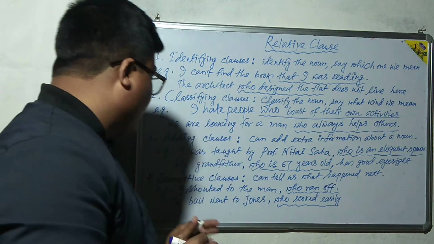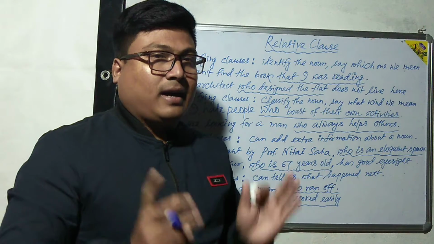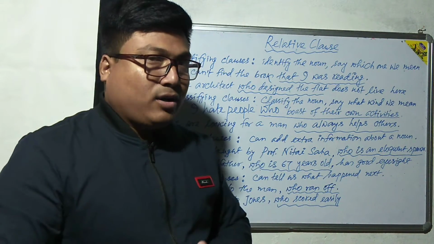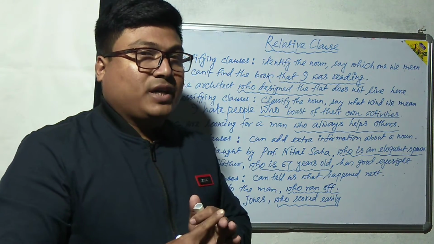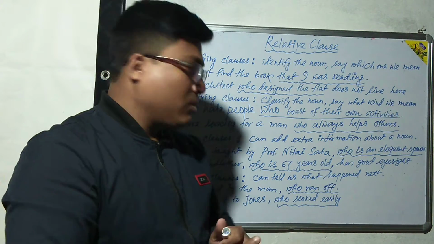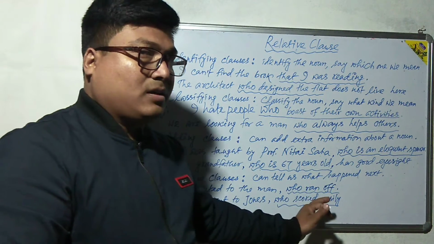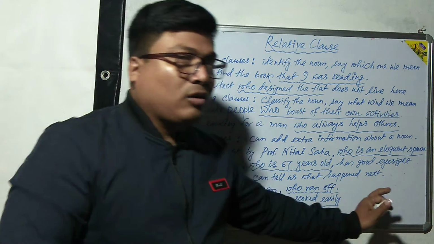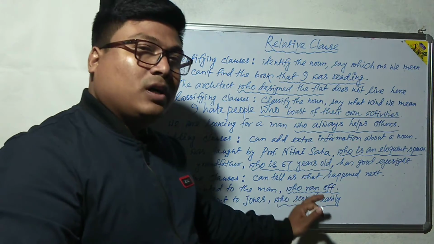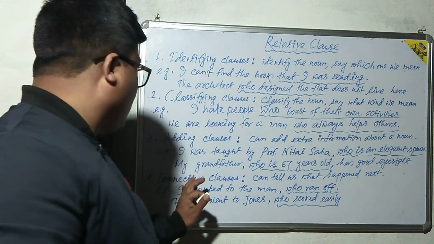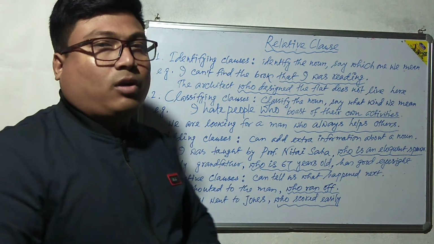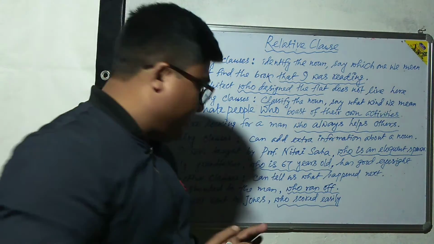I can say here, I shouted to the man and he ran off. So instead of using another main clause, I have used here a connecting clause, which is also a relative clause. That's why it is called a connective clause or connective relative clause.